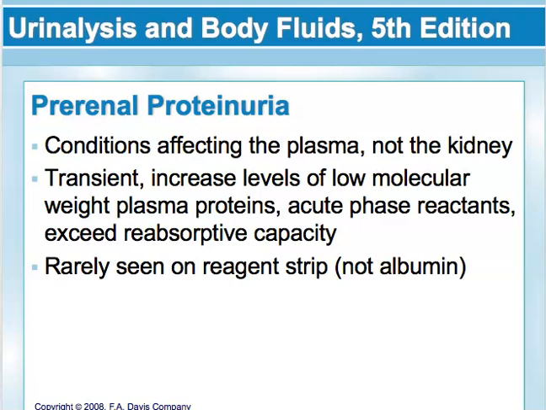So those are referred to as acute phase reactants. The increased filtration of these proteins exceeds the normal reabsorptive capacity of the tubules, resulting in an overflow of the proteins into the urine. However, since reagent strips detect primarily albumin, pre-renal proteinuria is usually not going to be discovered in the routine urinalysis.